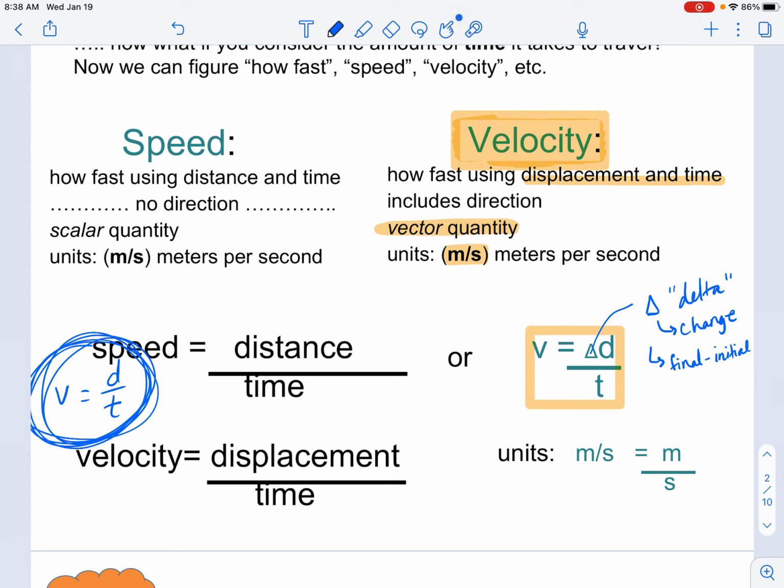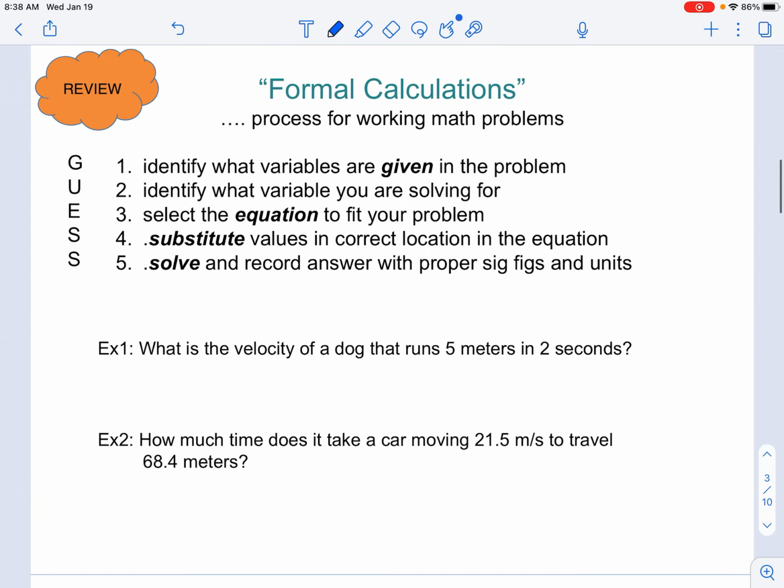So I believe that you guys are capable of that. The expectation is that you will know the vocabulary well enough that you will know whether that numerator is technically a d distance or a delta d displacement. So just be warned that whenever you are looking to the list of formulas, this is how we're going to write it for both speed and velocity.